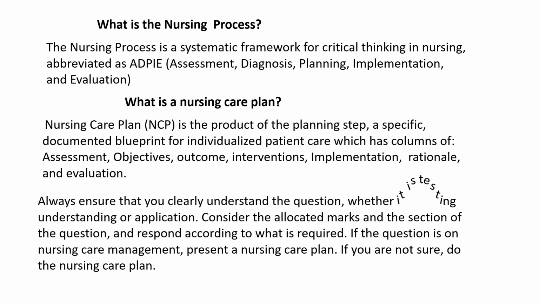Always ensure that you clearly understand the question, whether it is testing understanding or application. Consider the allocated marks and the section of the question and respond according to what is required. If the question is on nursing care management, present a nursing care plan. If you are not sure, do the nursing care plan.